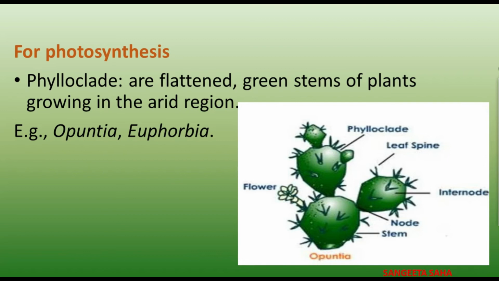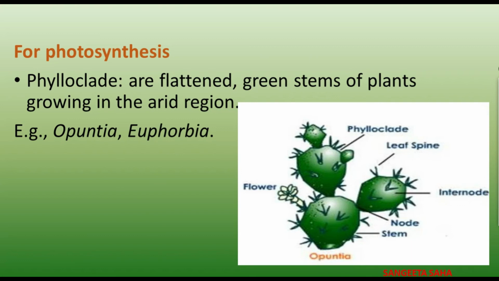By now you have come to know the basic differences between root and stem. Let's discuss the basic points. Now, roots, as you know, develop from the radicle of the embryo. However, the stem develops from the plumule of the embryo.